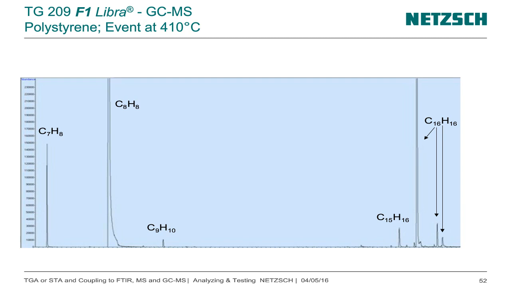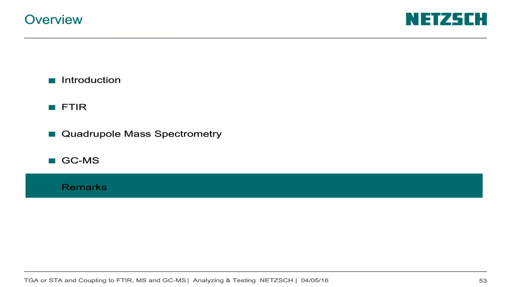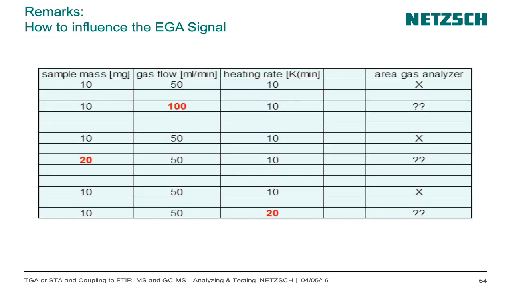I'm nearly at the end of my talk, but I want to discuss some general things with evolved gas analysis and some general remarks. So imagine how you could influence your signal in the evolved gas analyzer.